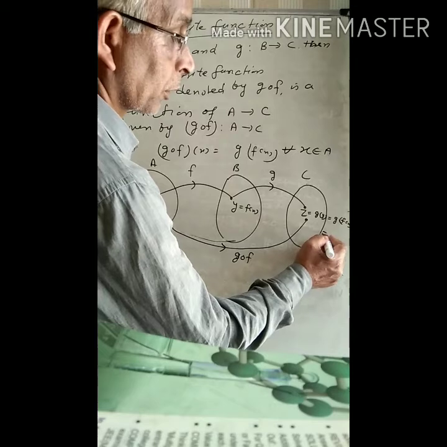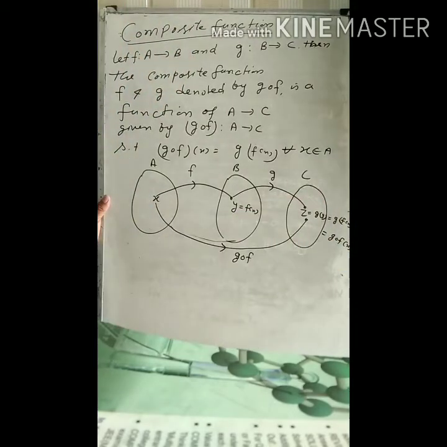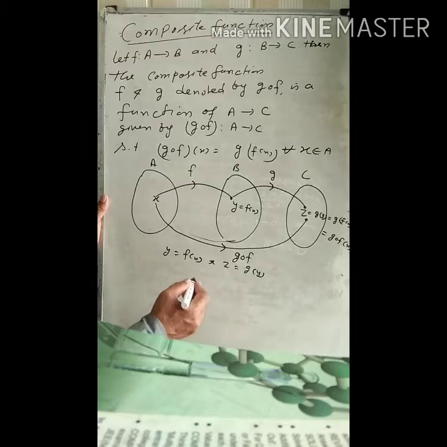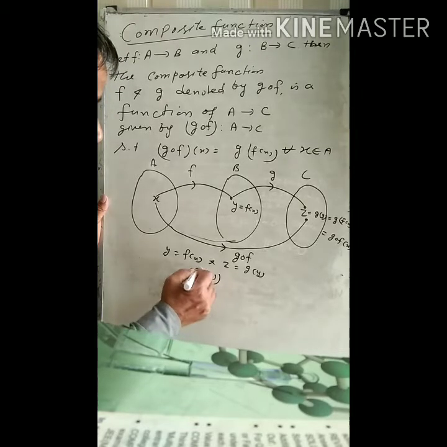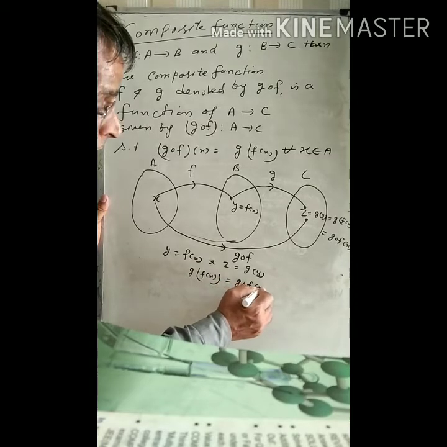So this is equal to gof of x, and y is equal to fx and z is equal to gy. g of fx is equal to gof of x.